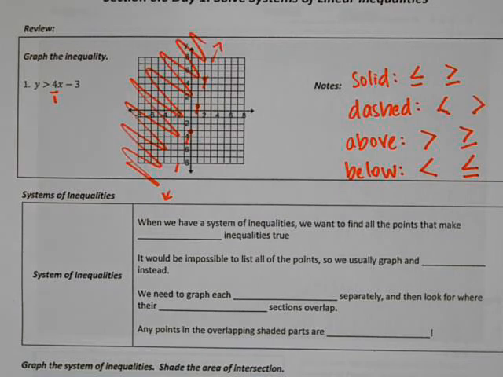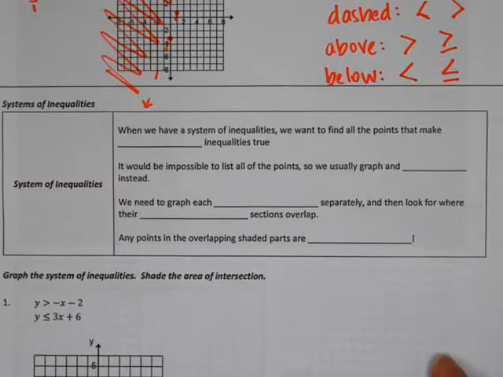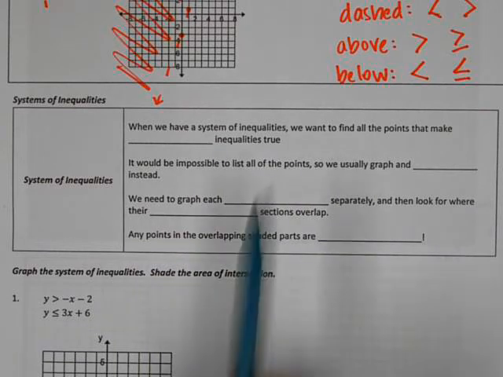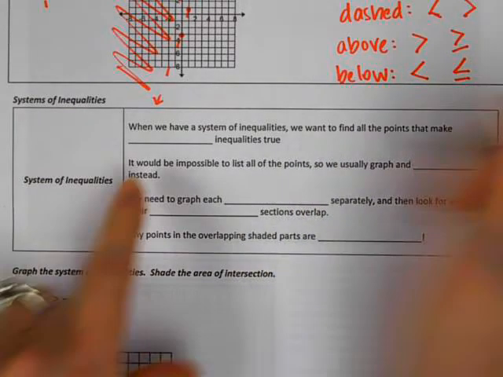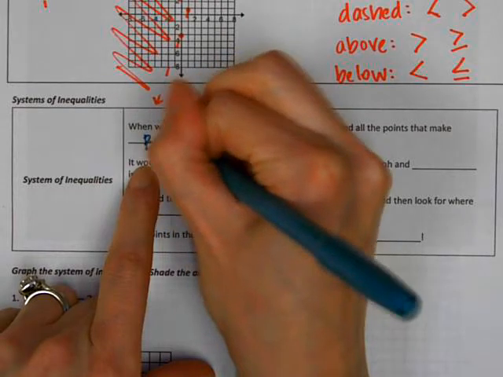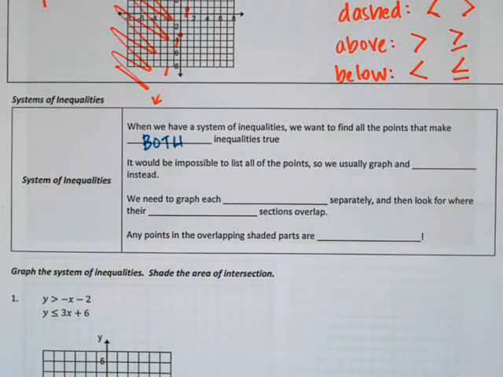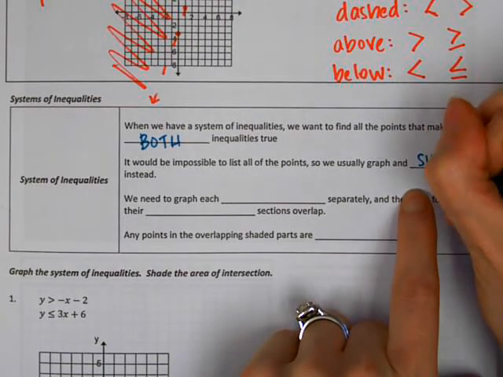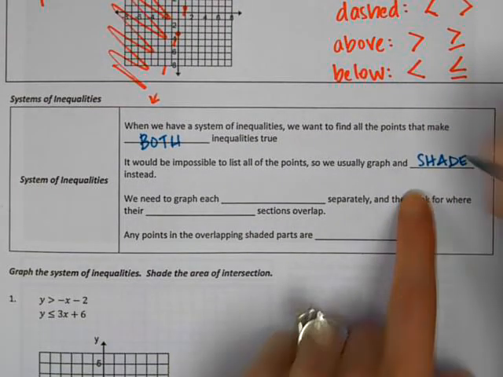Okay? So here's how you graph systems of linear inequalities. When we have a system of inequalities, we want to find all the points that make both inequalities true. It would be impossible to list all of them, so we usually graph and shade instead.